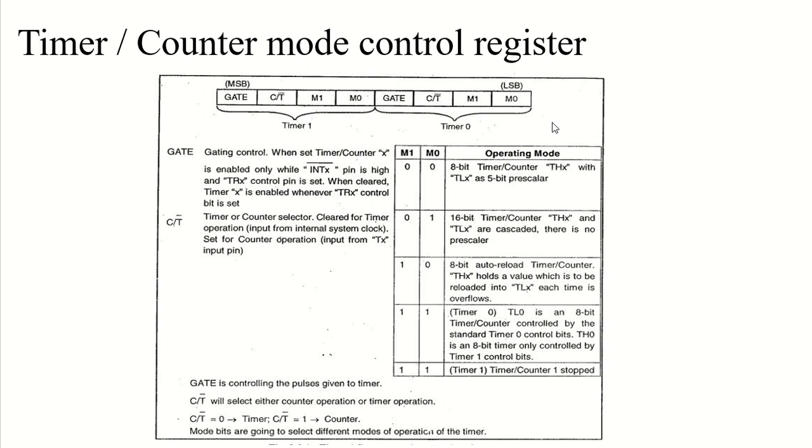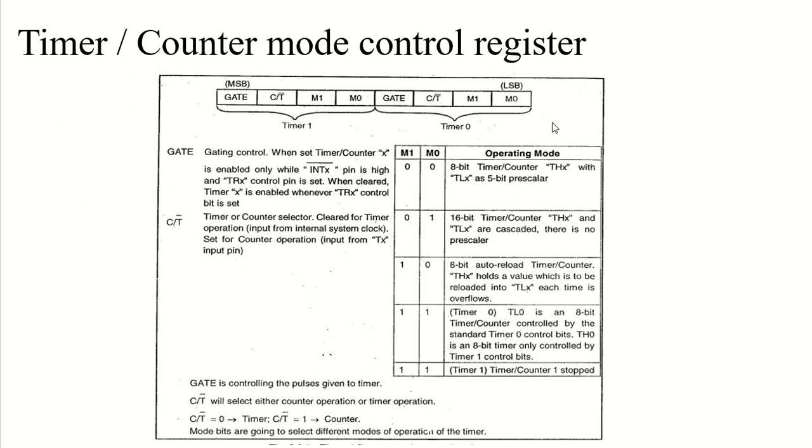So why do we use the gate? We use gate control so that when the gate is set for timer or counter X, it is enabled only while the INTX pin is high and the TRX pin is set. If the gate is cleared, the timer X is enabled whenever the TRX control bit is set.